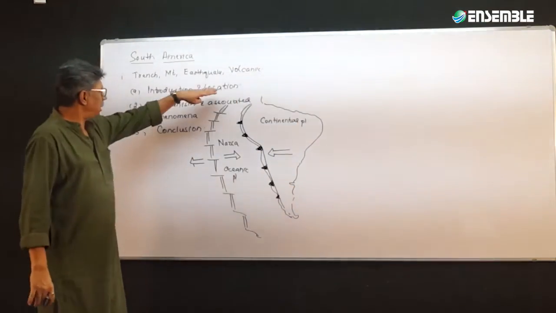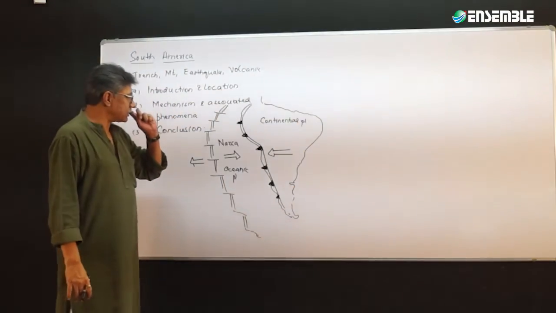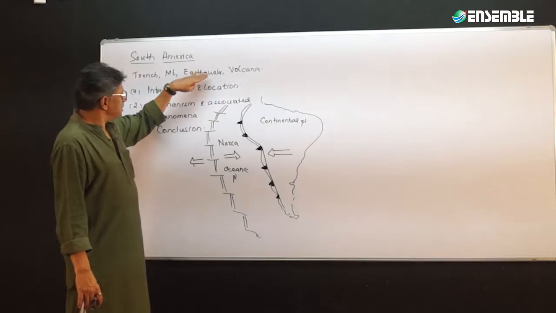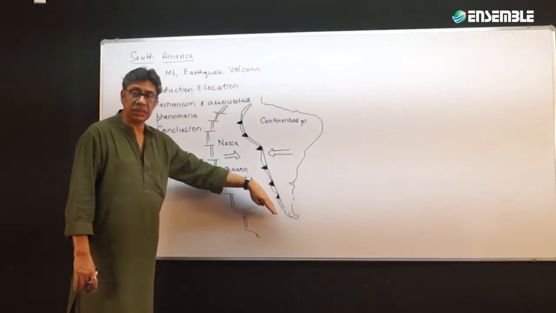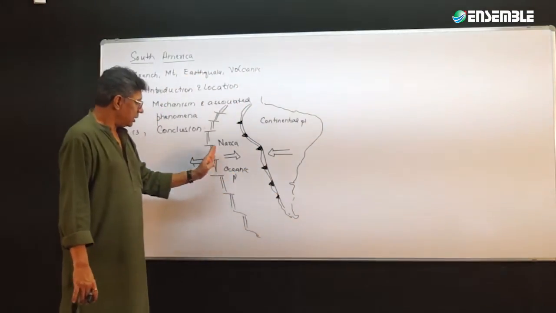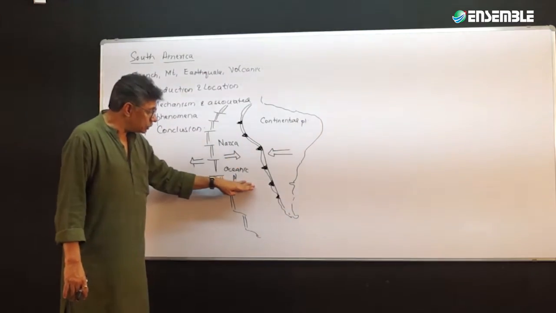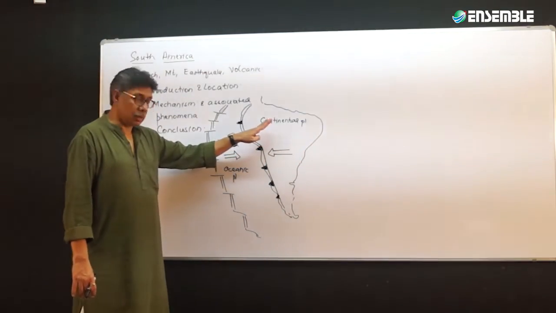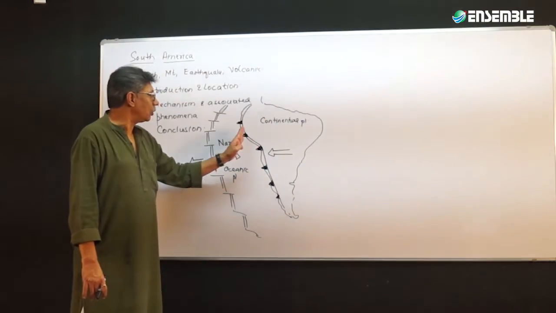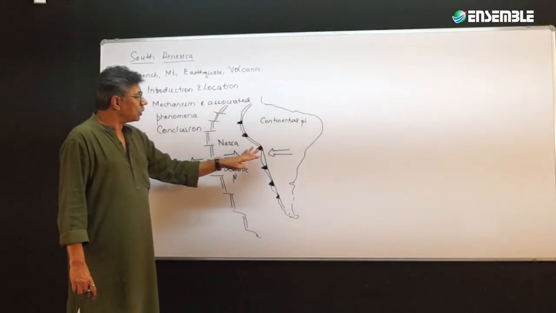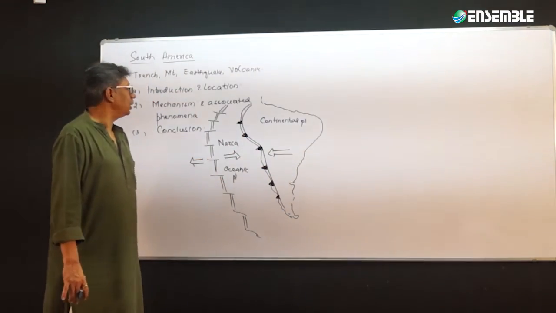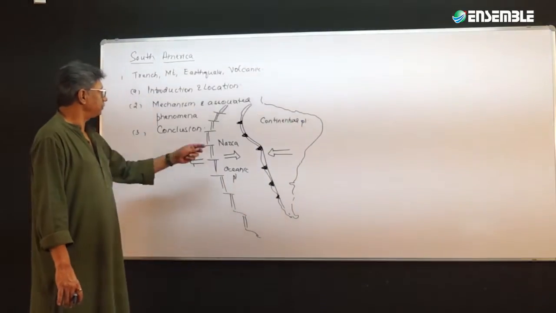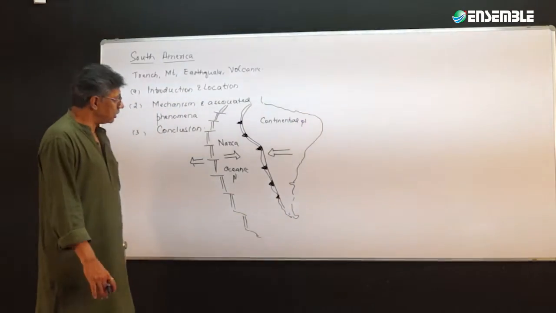This is the first part that we are talking about, introduction and location. Such an association is going to be found towards the western part of South America, where the Nazca plate, that is an oceanic plate, collides with the South American plate, that is a continental plate. It is one of these unique, exceptional and extraordinary features found in these zones. The first part is taken care of.